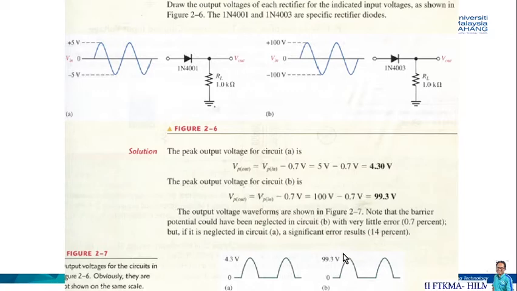But for circuit B, where the peak input voltage is very high, 100 volt, the peak output voltage is 99.3. So the error is very small, which is 0.7%, and therefore it could be neglected for this kind of circuit that has a very high value of peak input voltage.